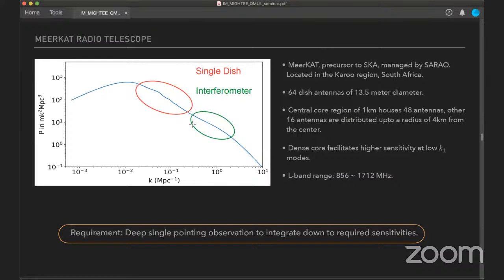So these are the kinds of scales that we can access with the interferometric data. The requirement here is that we need deep single pointing observation so that we have better sensitivity. With that kind of data, we can integrate down to actually put constraints on the H1 power spectrum. And that's the goal here.